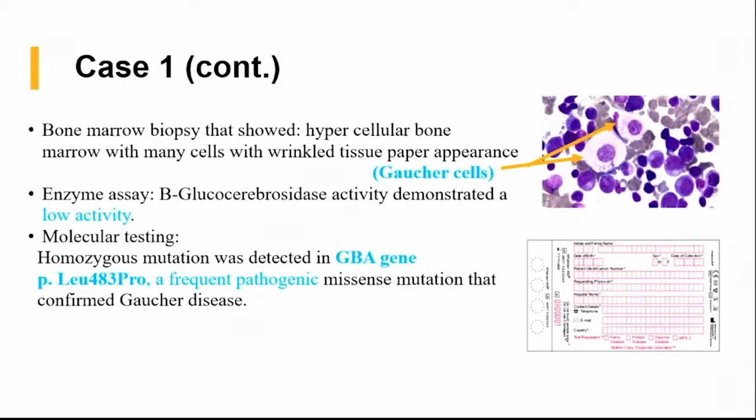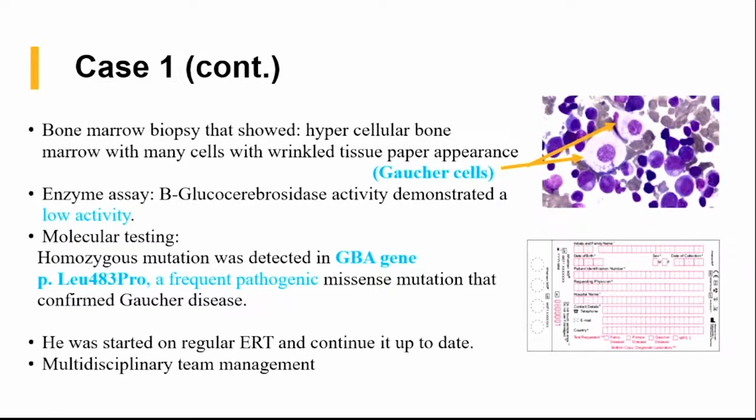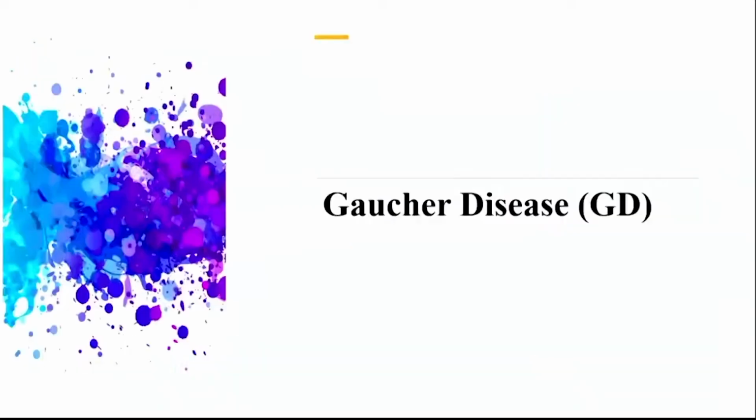This is the mutation, leucine to proline at position 483, which is a frequent pathogenic missense mutation that confirmed Gaucher disease. The patient was started immediately on enzyme replacement therapy, and he is on it up to now. And we referred the patient to a multidisciplinary team of specialties to take care of his other problems.